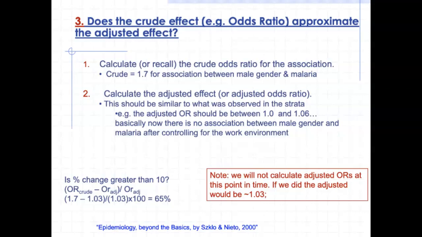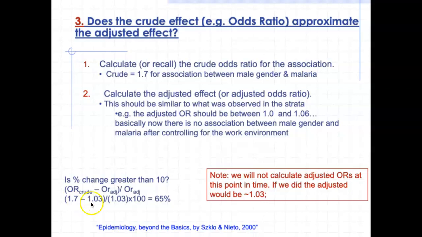To determine whether we have at least a 10% change, we use this equation. You take the odds ratio or the relative risk, it doesn't matter. You take the crude measure of association, subtract the adjusted measure of association, and then divide by the adjusted measure of association.